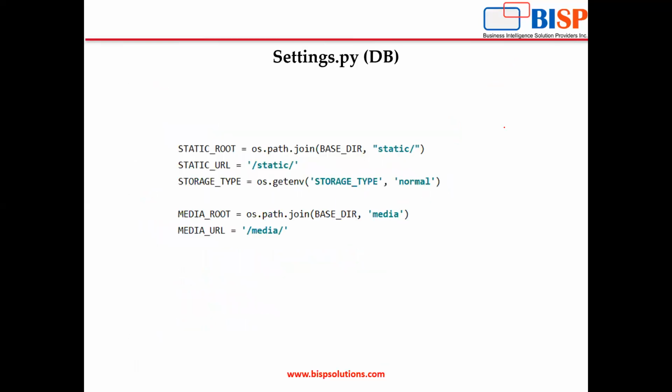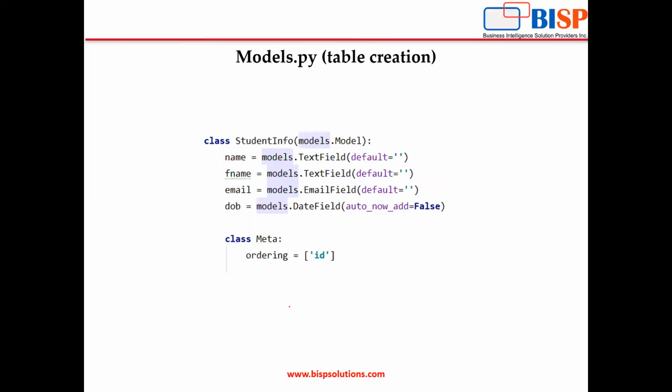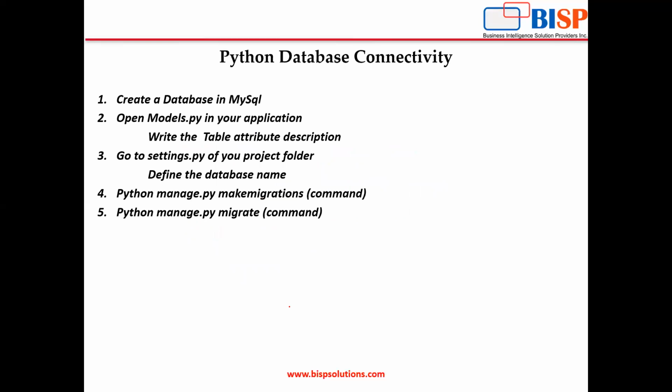After that, in the settings.py file, you have to define the static folder and media folder, because inside the media folder all the files are saved. Once the table is defined, you have to run the makemigrations and migrate commands, so your database table will be created.